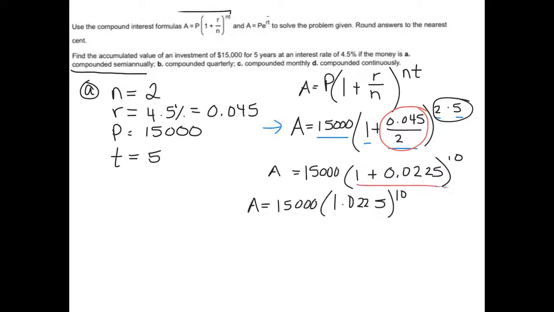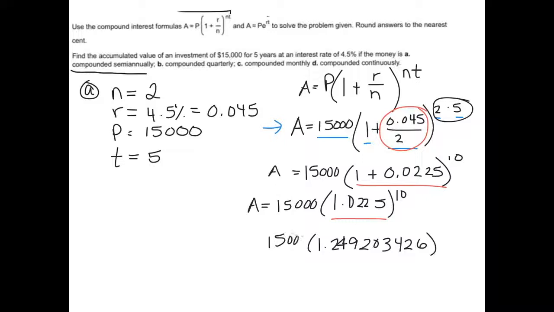Next, we'll add 1 plus 0.0225 together, and we get 1.0225. Now we'll take that value and raise it to the 10th power. And we should get 1.249203426.